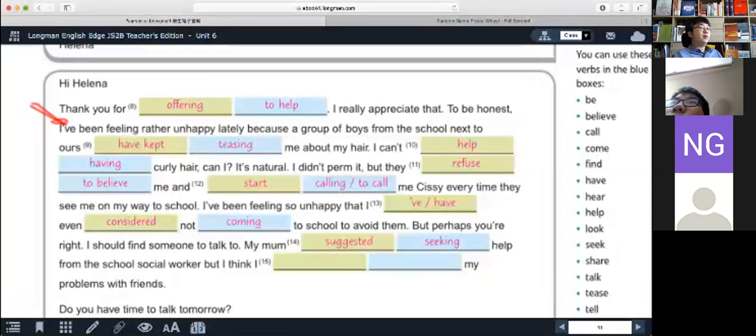So here, my mom suggested seeking help from the school social worker, but I prefer... After prefer, we can use either the to-infinitive or the gerund. So the answers are: I prefer sharing, or I prefer to share my problems with friends.